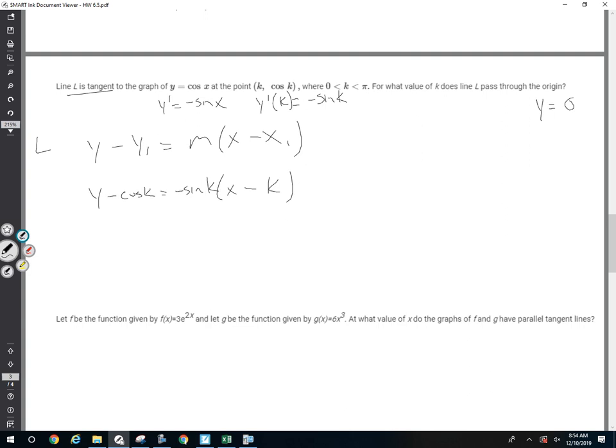So, I gotta think about this for a second. That's the point. That's the slope.